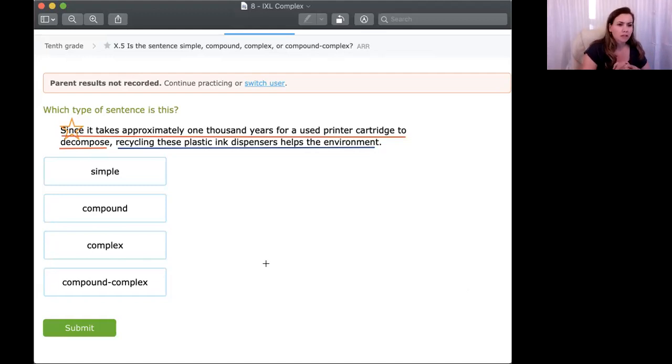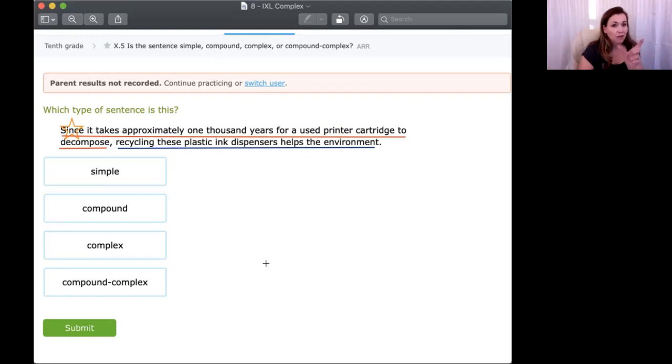Since it takes approximately 1,000 years for a used printer cartridge to decompose, recycling these plastic ink dispensers helps the environment. So the first thing I did is I said, wow, our sentence is starting out with the word "since." And I know that the word "since" is a subordinating conjunction. So right off the bat, I'm thinking that is a dependent clause.